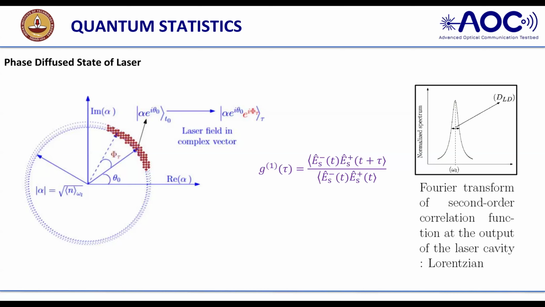As I discussed, with the Mach-Zehnder interferometer, we took the electric field at time t and t plus tau, and we calculated the first order correlation function. When we see that first order correlation function, we get e to the power minus j omega naught tau and the phase term. When you take this Fourier transform, you will get the Lorentzian spectrum, right?